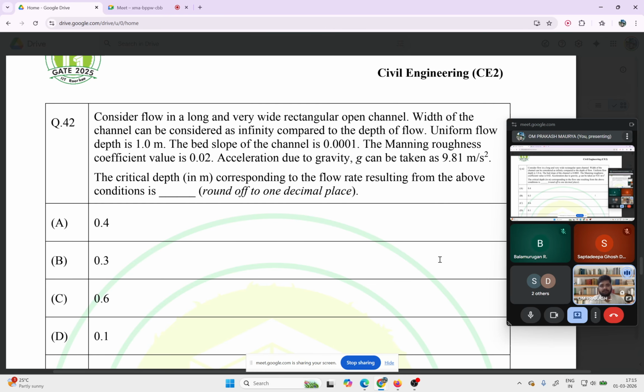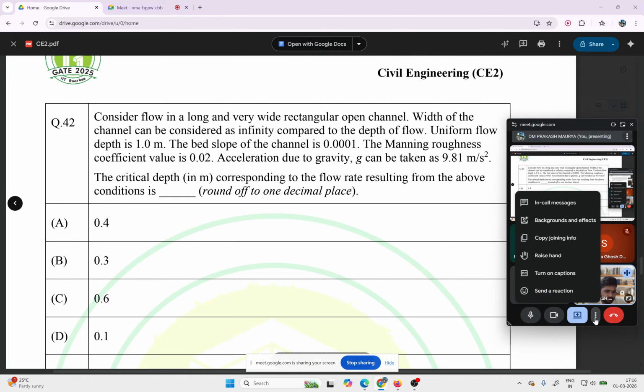So you have 5 minutes. After 5 minutes, I'll discuss. Very easy question. If you know the concepts, how you will solve, then very easy. More doubt? Let me see your comment.